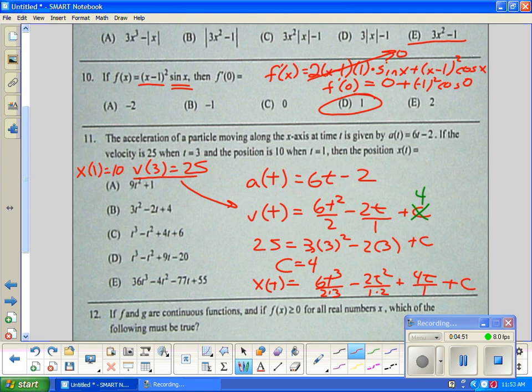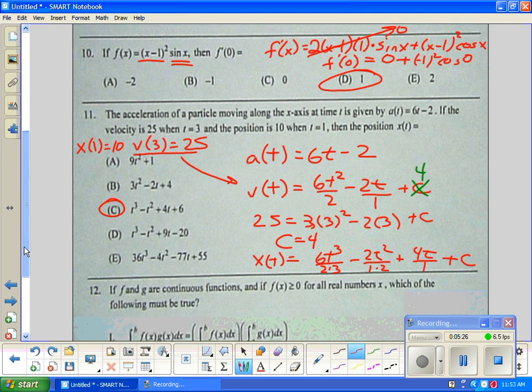When we look at the board, can't be B. You just got sucked in by the distractor, because B, I think, is the velocity equation. Oh, yeah. It asks for the position. The only one that has 4t in it is C. And I am not going to use the initial condition, because do I have to do that to get the answer? No. Got to look at this, and just because I can grind it out doesn't mean I should.